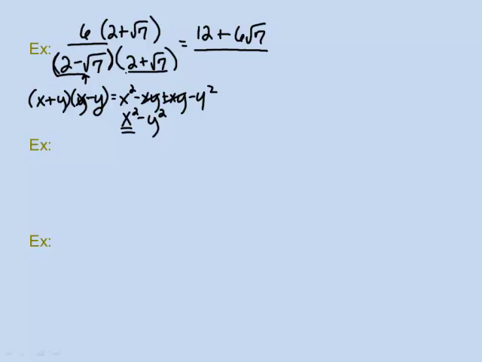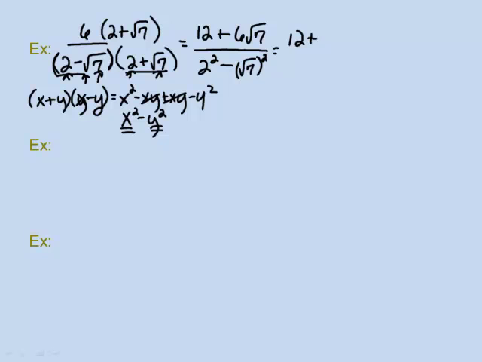So if you simply take the first term, which in this case is 2, and square it, and subtract from that the square of the last term, which would be, of course, the square root of 7 squared, that will be your simplified denominator. If you're not sure about that, you can certainly FOIL that denominator out too. This is just a little bit of a shortcut for you.